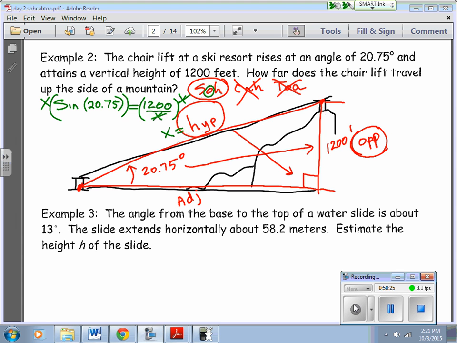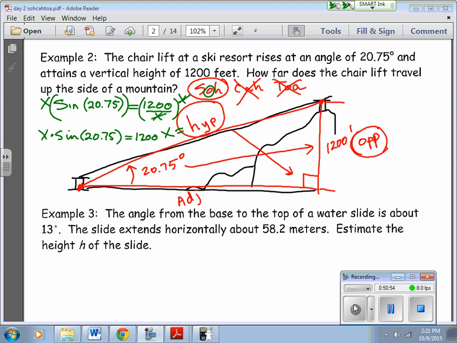x over x is 1. On the other side, you're going to get x times the sine of 20.75. And you notice that 1200 now is by itself on the right side. Now do you realize that x is no longer in the denominator of the fraction?